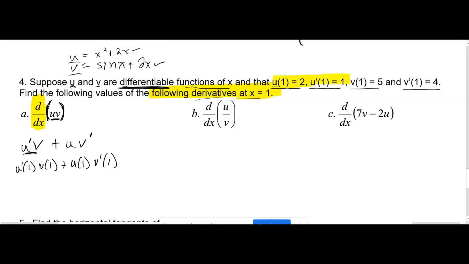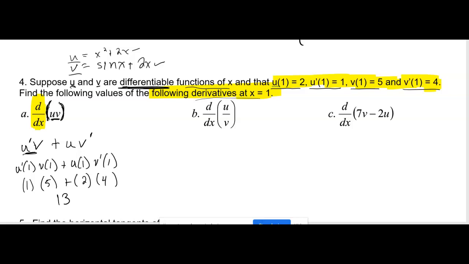So now we can just look up here. These are the values that I gave you. We just substitute them in and then evaluate that so we get our answer. So u primed of 1 was a 1. v of 1 was 5. u of 1 is 2. And then v primed of 1 is a 4. Simplify that, we should get 13.